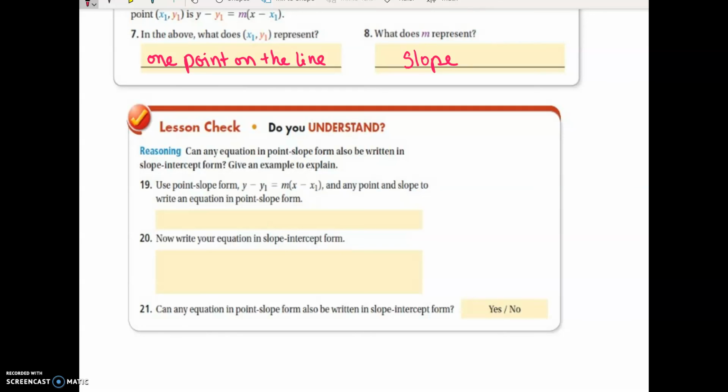Now, can we rewrite it? Well, we just did that in several examples. So do you think any equation in point-slope form can also be written in slope-intercept form? So we can do that because all we're doing is solving for y. So the answer would be yes there.